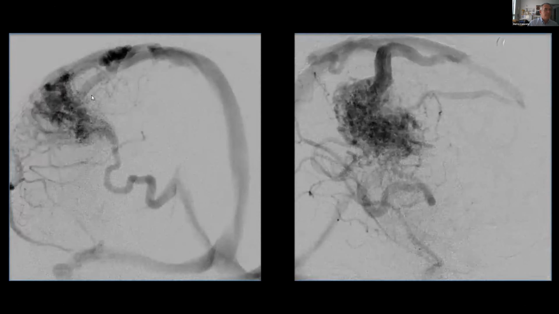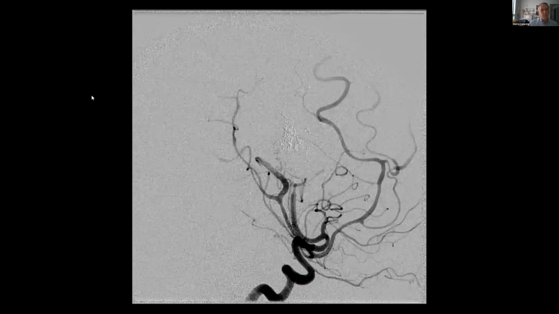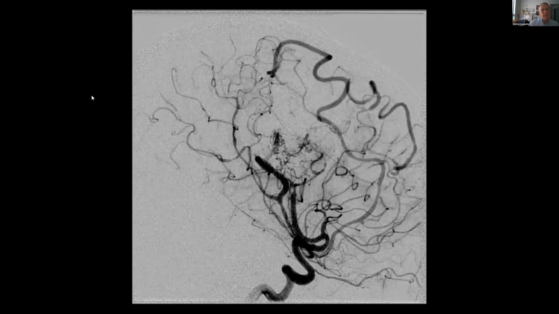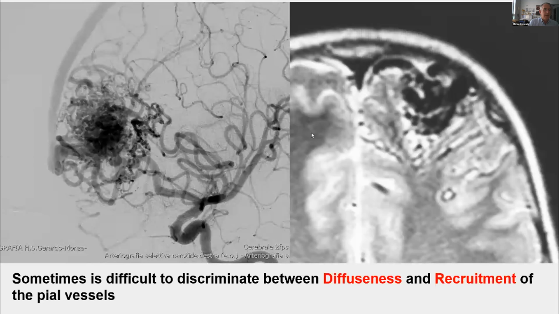This is the AVM before, and this is after surgery. But if you see here, there was a remnant below the AVM, so we had to go back and take it out also. But the problem is that in the beginning, in surgery, here you have white matter between the two parts of the AVM, so it was very difficult to understand where to stop.